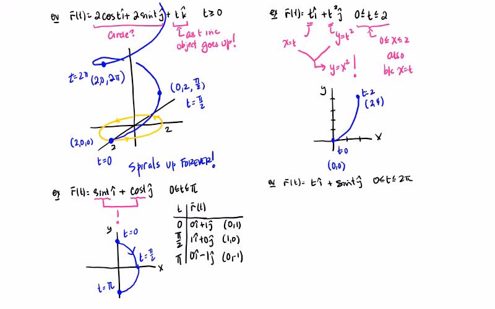You can look at this and say, hey, x is t, y is sine t, but that means, if I put those together, y is the sine of x. And over here, this tells us that x goes from 0 to 2 pi. So we know what the sine of x looks like. This is a sine curve. Familiar.